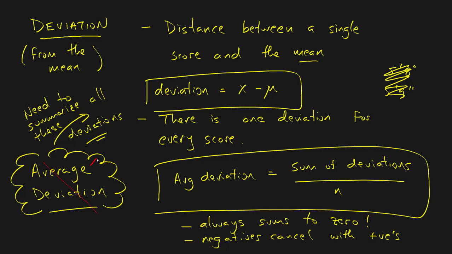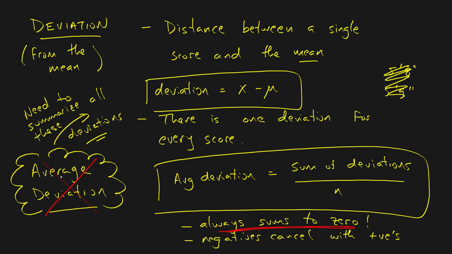So it died when we realized that it always sums to 0. 0 should mean 0. If we get a measure of 0, that should mean that there is 0 variation. But I went through some examples where I showed that we always get a 0 for an average deviation no matter which data we use. So the average deviation doesn't work at all.